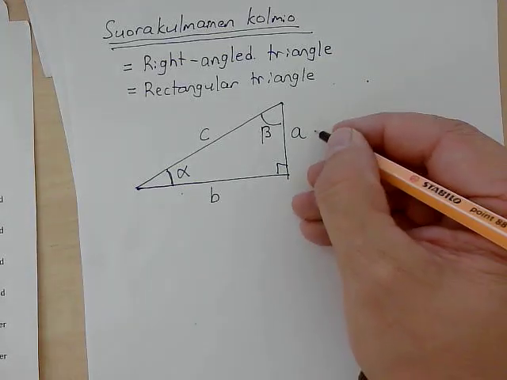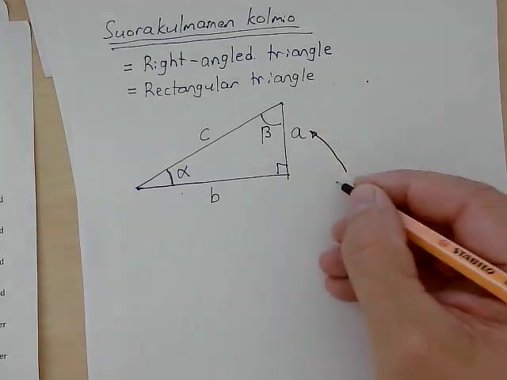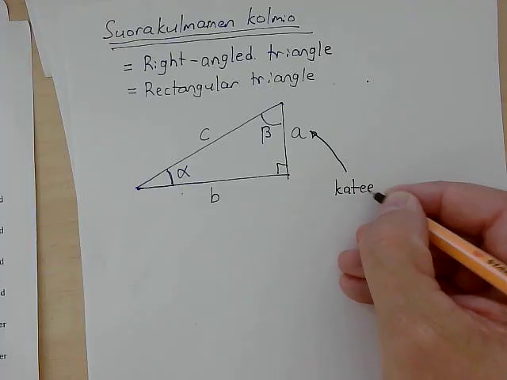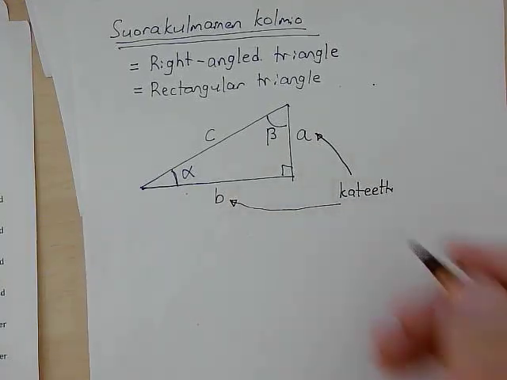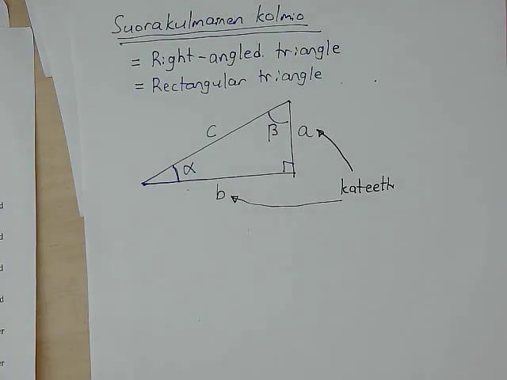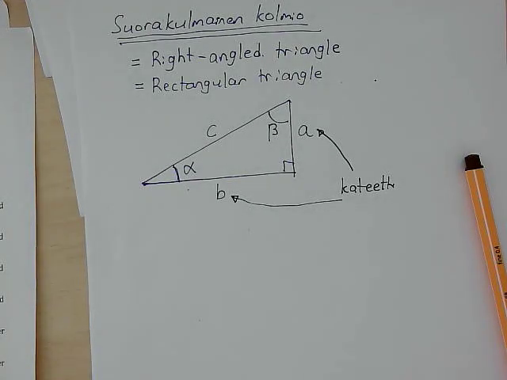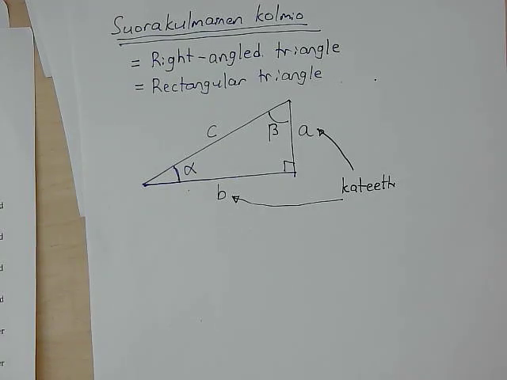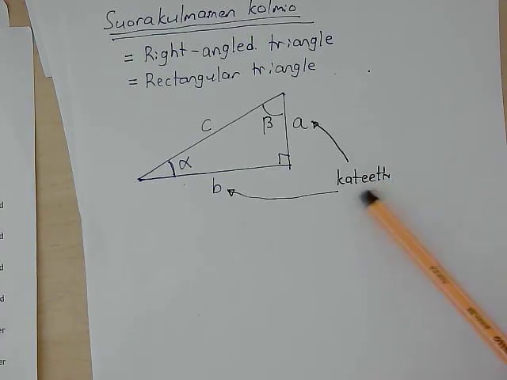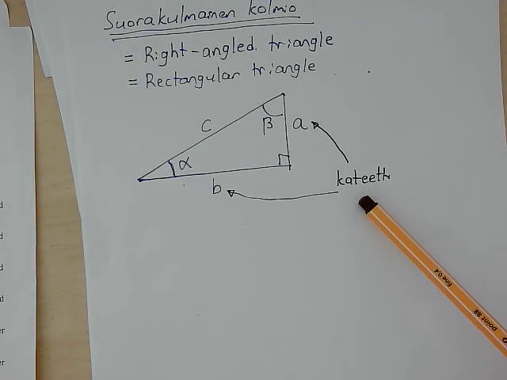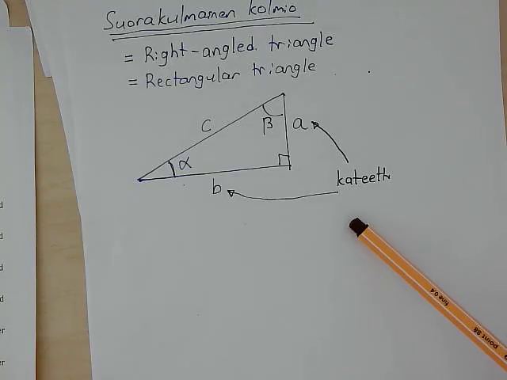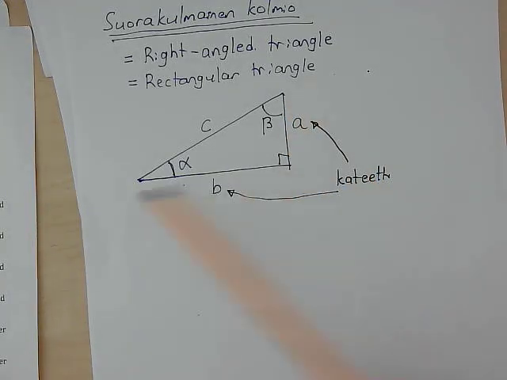Yes, these both are called kateetti. These are the sides of a triangle which are in a right angle. Like in Russian? Probably. And I think in English also, catet, or I don't know if that word is used. Legs or sides of the triangle.